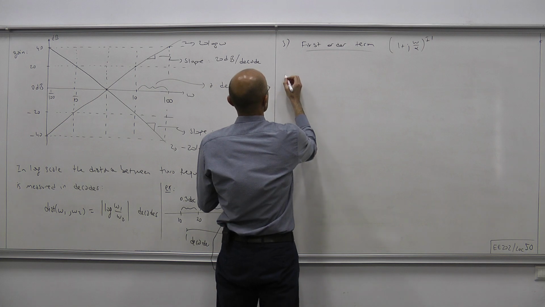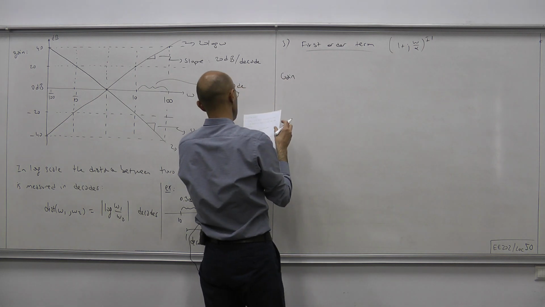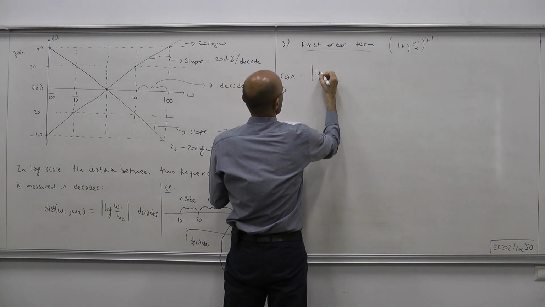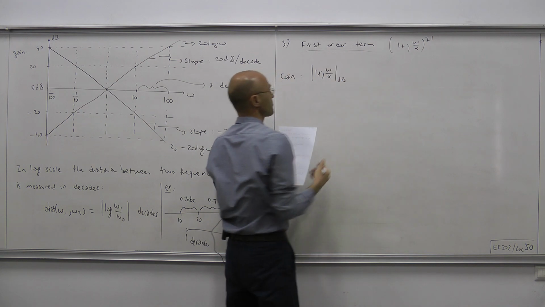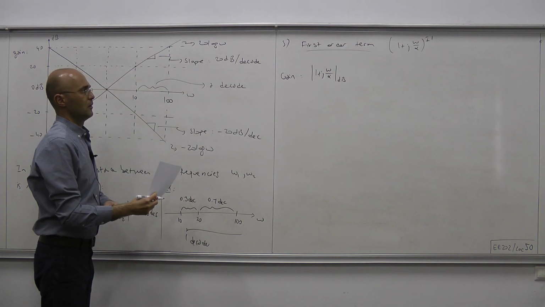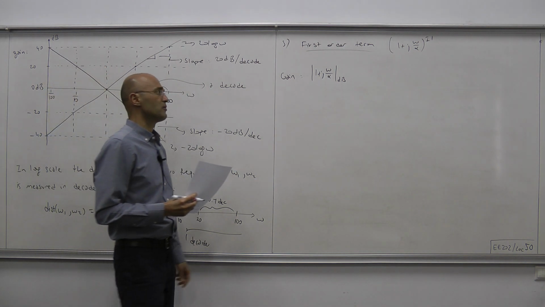Okay, now the gain of that term, the magnitude of 1 plus j omega over alpha, and we're dealing with it in terms of decibels.